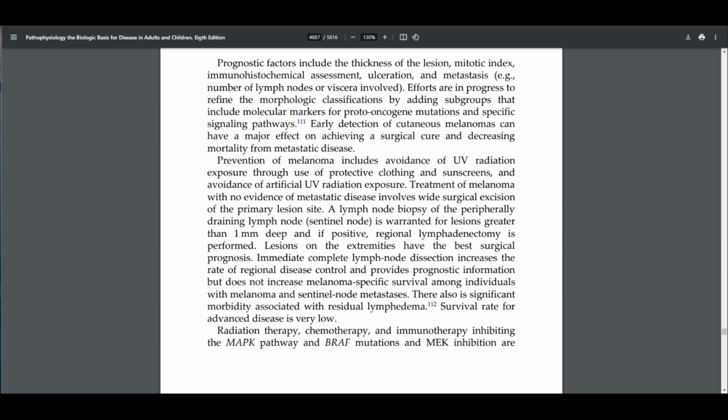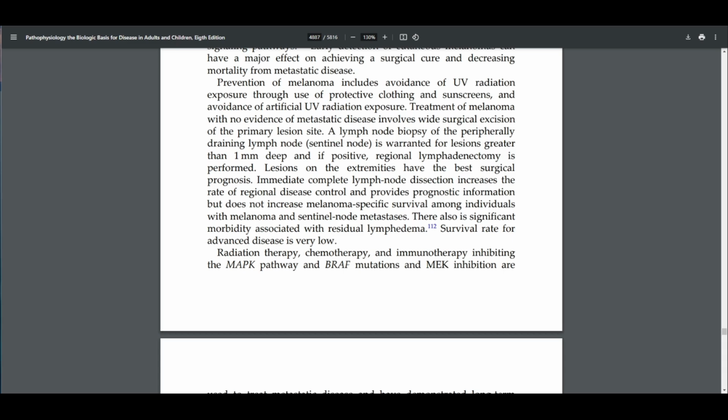Immediate complete lymph node dissection increases the rate of regional disease control and provides prognostic information, but does not increase melanoma-specific survival among individuals with melanoma and sentinel node metastasis. There also is significant morbidity associated with residual lymphedema. Survival rate for advanced disease is very low.